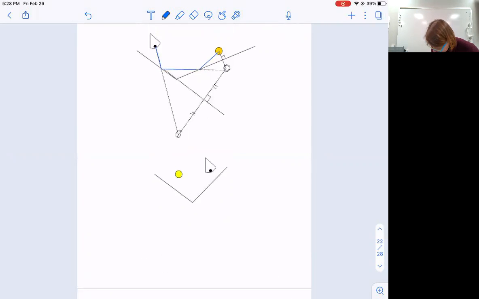Okay, one more. Perpendicular bisector. This is a double mirror, so I'm going to extend. Oop, that's not the one I wanted to extend. I already did that mirror. Extend this mirror. Perpendicular bisector. And then the eye looks at the image.